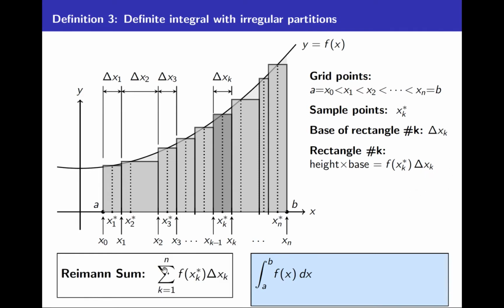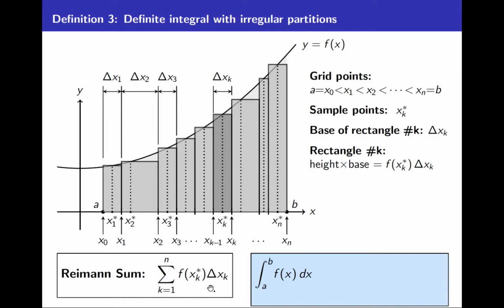And then you can form your Riemann sums. You add up height times base for all of those rectangles. So the Riemann sum in this case is the sum from k equals 1 to n of f of x sub k star times delta x sub k. This is different from our first two definitions because we don't just have one delta x, there's a different one with a potentially different length for every rectangle.